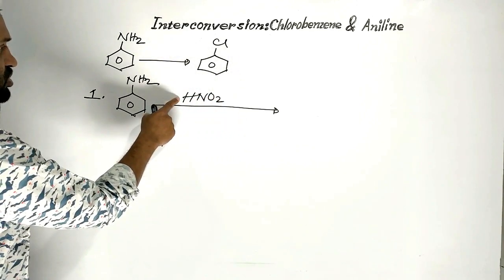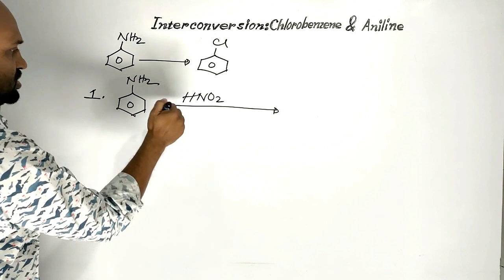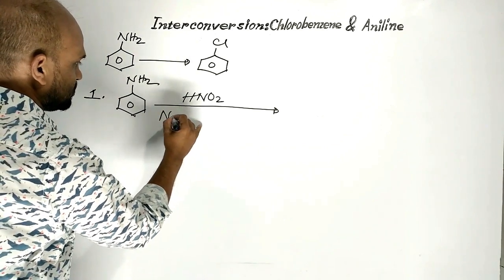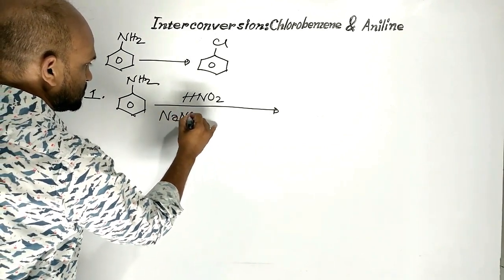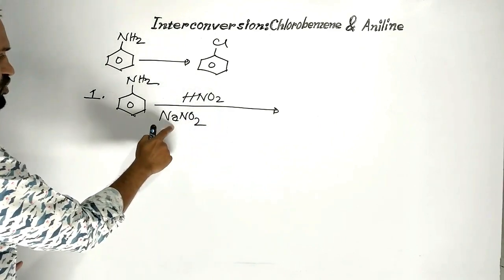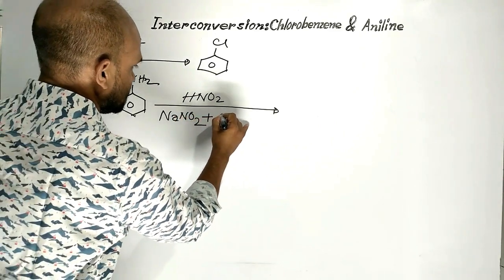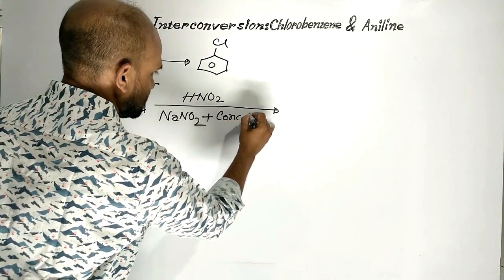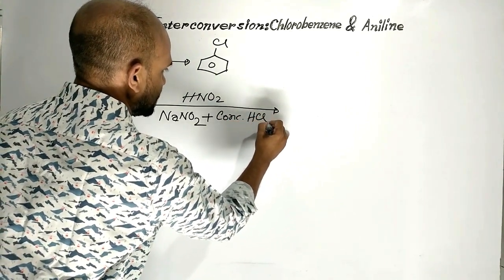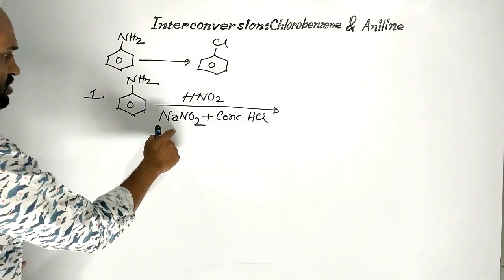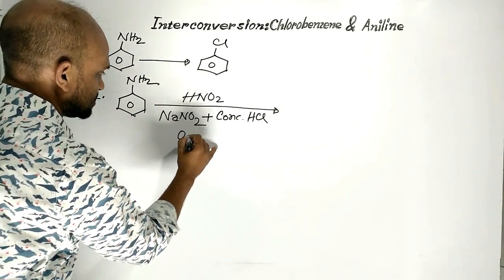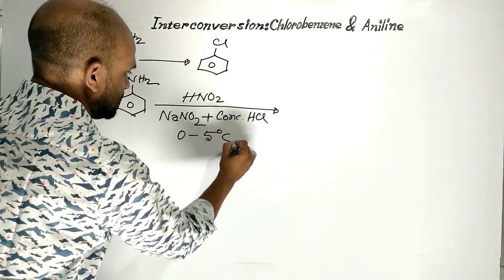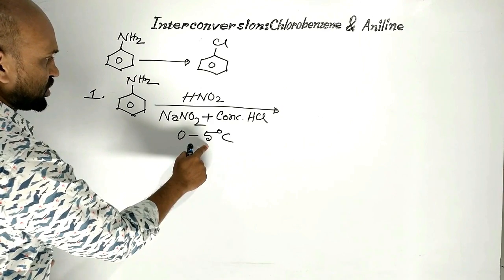Nitrous acid is a kind of unstable acid. It is obtained from a mixture of sodium nitrite and concentrated hydrochloric acid, and the reaction is conducted at 0 to 5 degrees Celsius temperature.